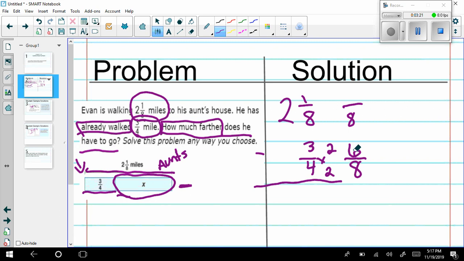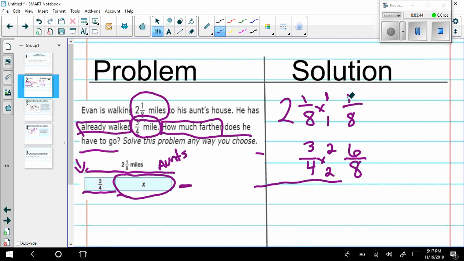Now I need to do the same to my top number. 8 times what equals 8? I know 8 times 1 equals 8. Because I multiplied the denominator by 1, I need to multiply the numerator by 1. 1 times 1 is 1.